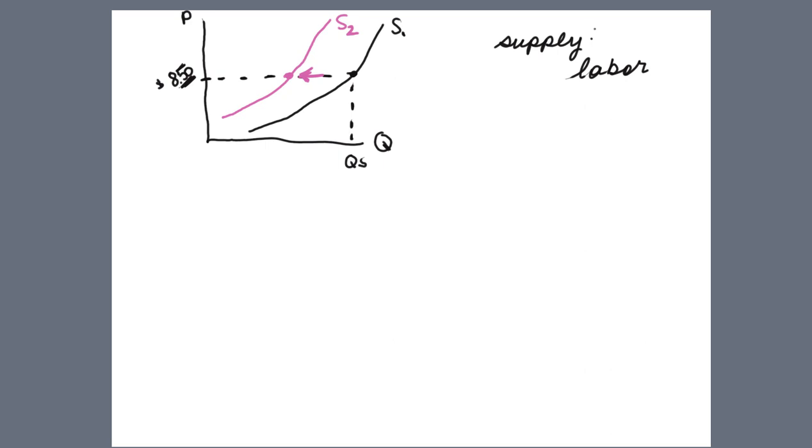Before I move on to the increase in wages, let's say that at $8.50, the new supply after the school year starts is here. So this is quantity supplied 2. So maybe this is 500,000 workers that dropped from, say, a quantity supplied of 1 million workers when the school year starts. So it moves to the left, it shrinks.